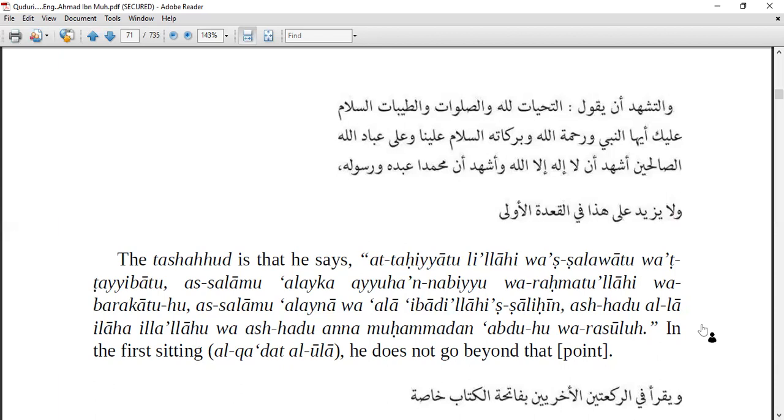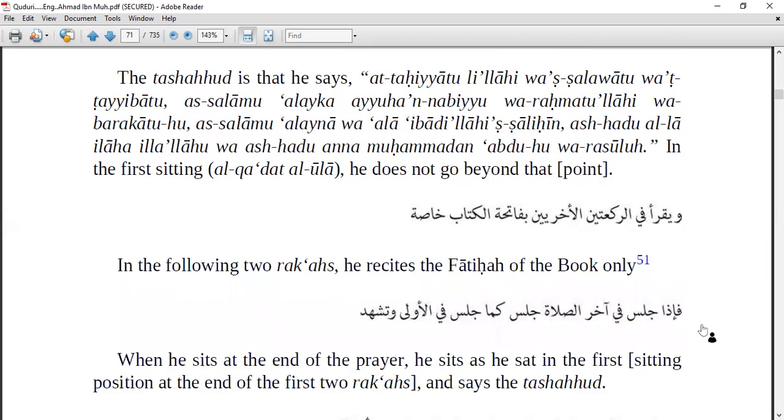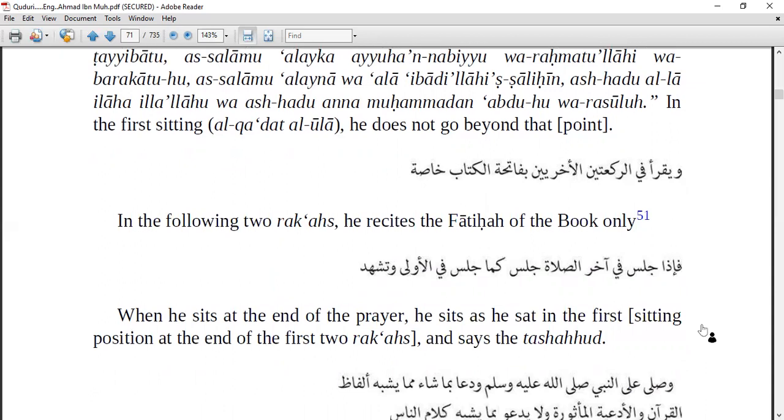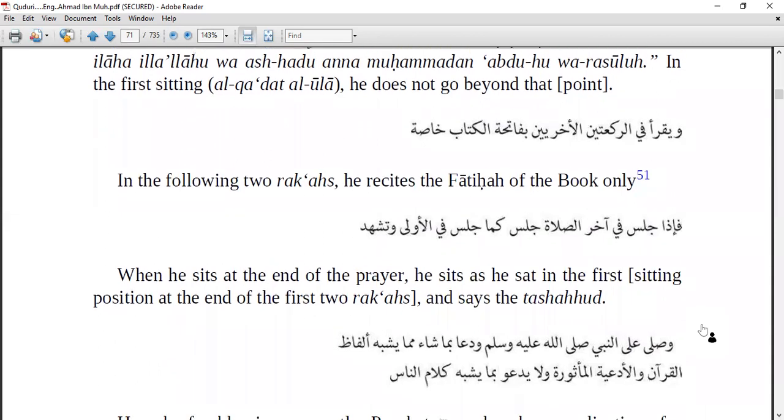You can also choose not to recite Surah Al-Fatiha at all and just recite some other adhkar, say Subhanallah 3 times, for example. And you also have the option of keeping silent as well. So the last two units, ويقرأ في ركعتين الأخرين بفاتحة الكتاب خاصة, you only recite Surah Al-Fatiha, and that's it.